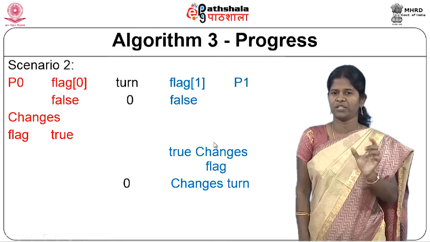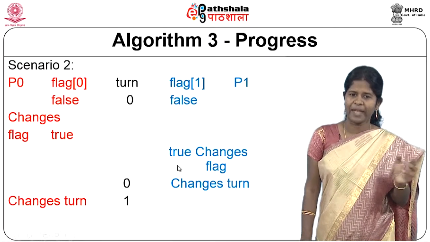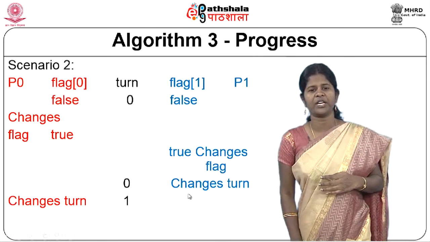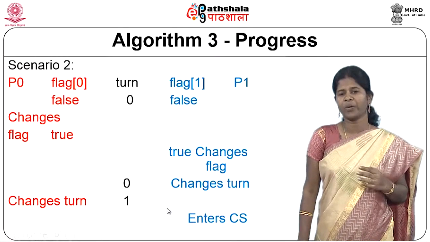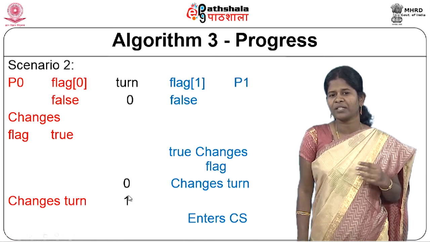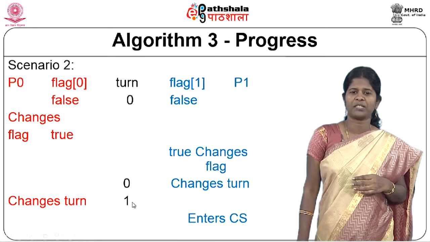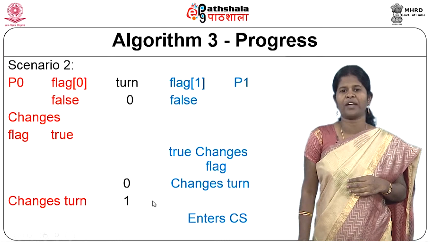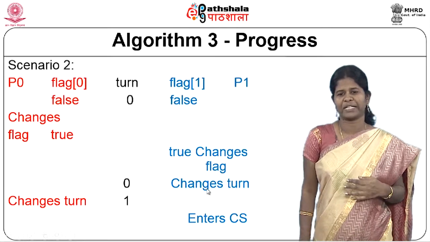So, for P1 j will be 0, so turn is made as 0 and next P0 executes, it changes the value of turn to 1. Now here you see that because P0 changed last and it changed the value of turn to 1, P1 enters critical section. So, P1 is the one who enters critical section first.